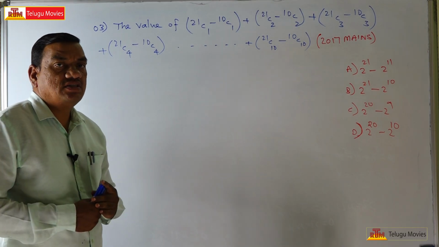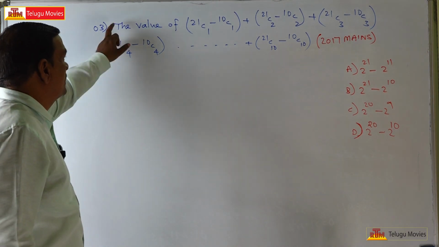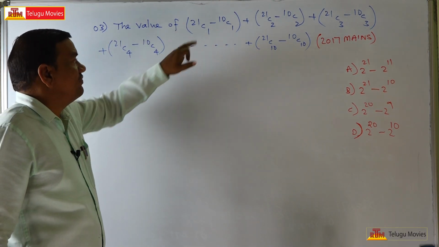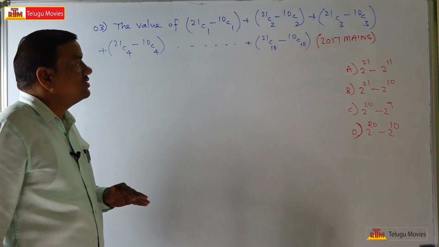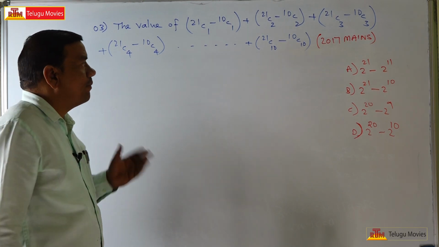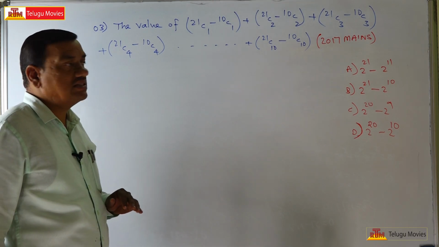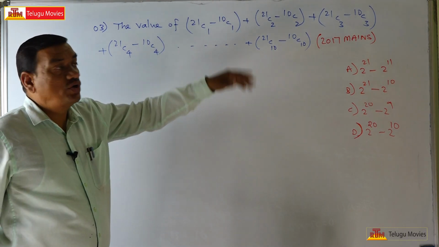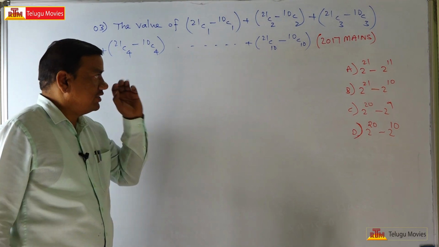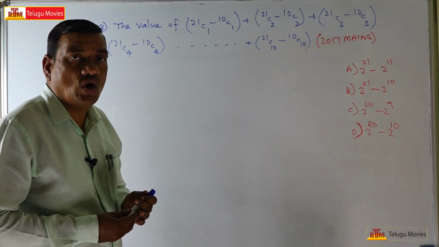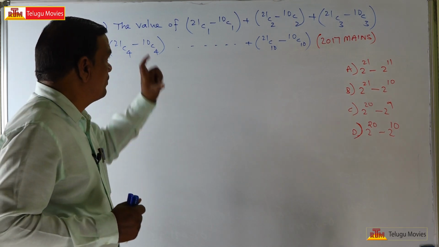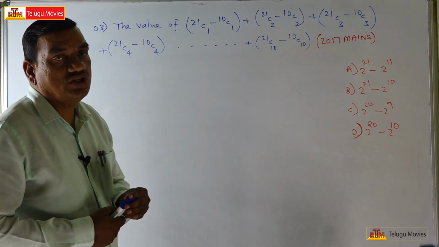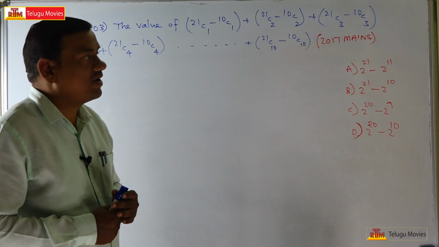So dear students, welcome to the third problem. The value of 21C1 minus 10C1 plus 21C2 minus 10C2 plus 21C3 minus 10C3 and so on up to 21C10 minus 10C10 is what? To find the value of this expression, this is from the binomial theorem.